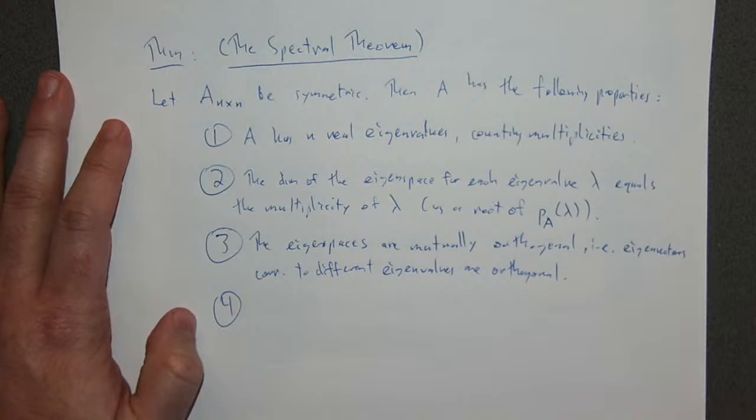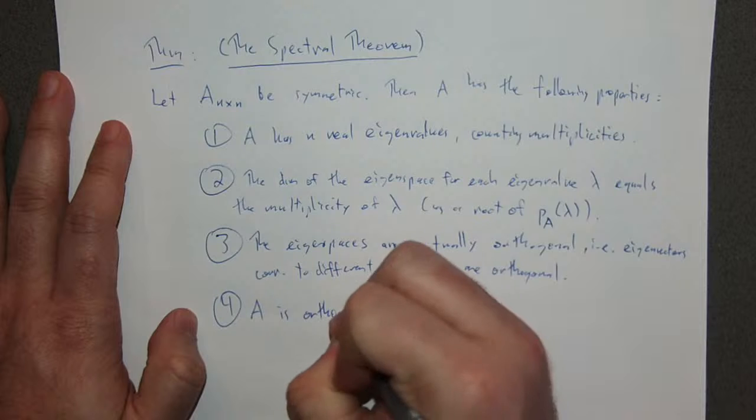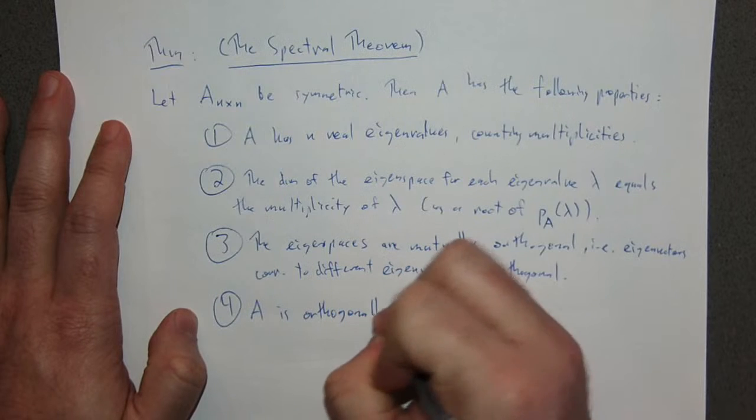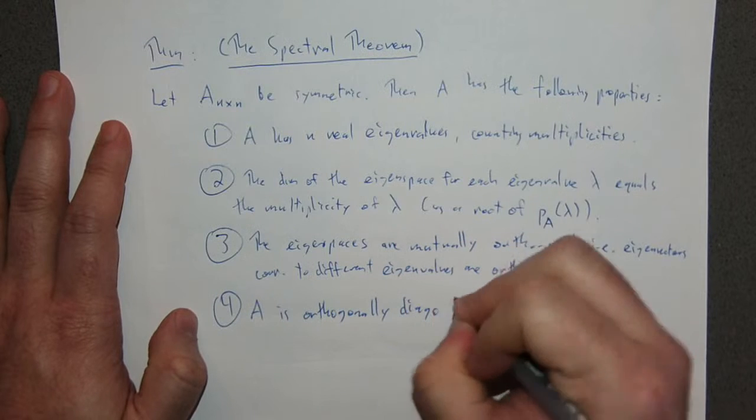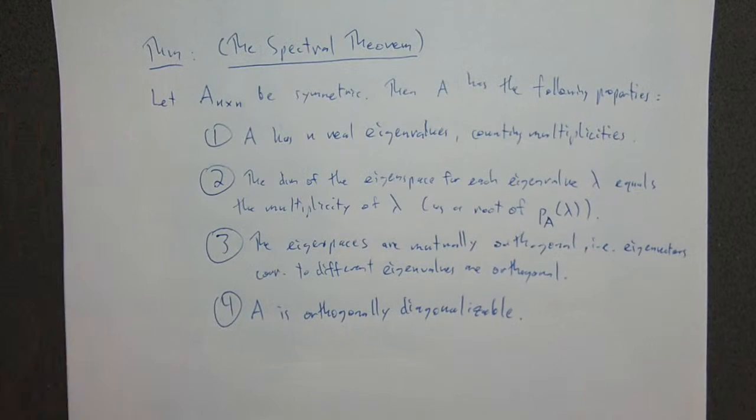Okay, and one more thing, which we've already seen, A is orthogonally diagonalizable.